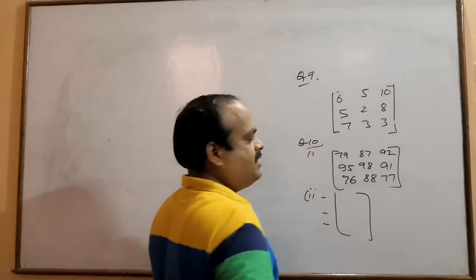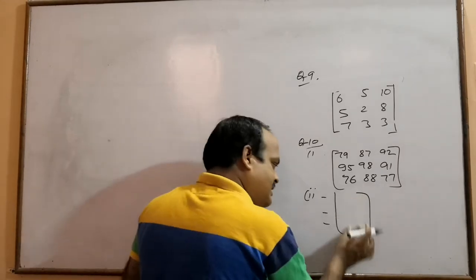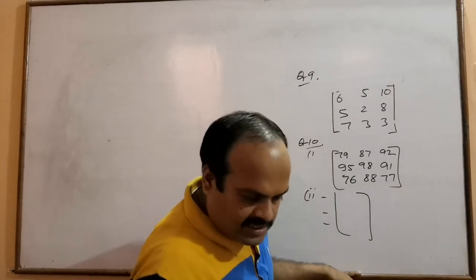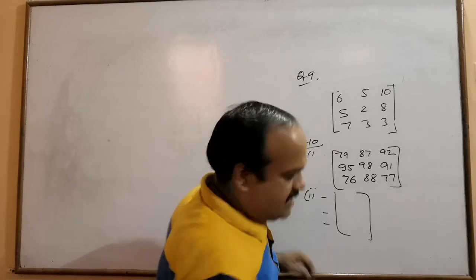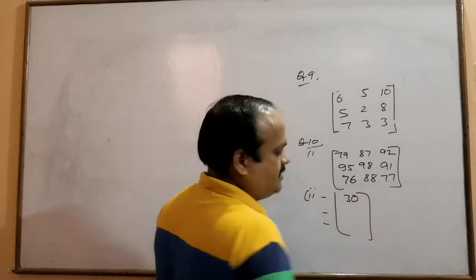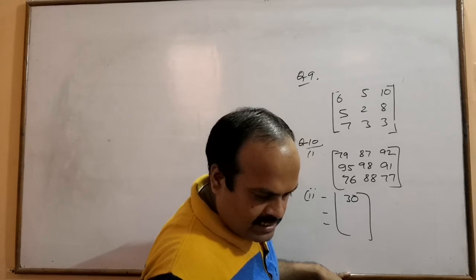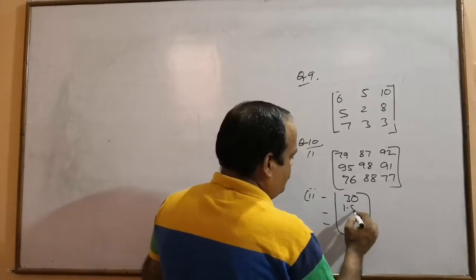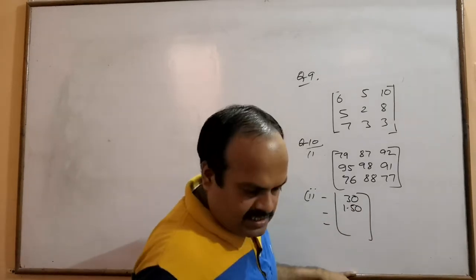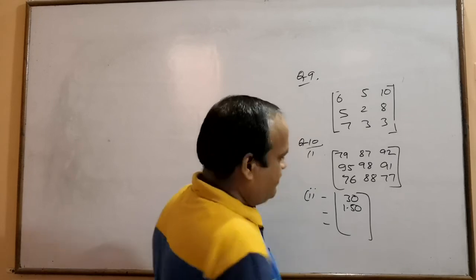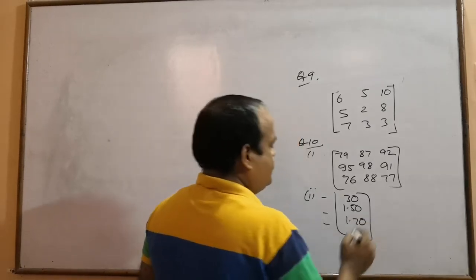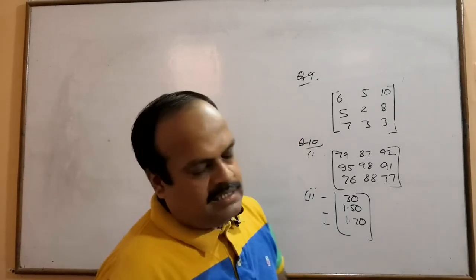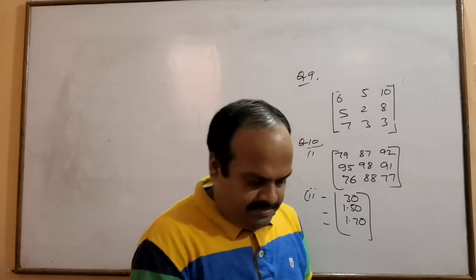To write the prices, the first is 30 rupees, the second is 1.50 rupees, the third is 1.70 rupees. So this is the arrangement of the prices in matrix form.